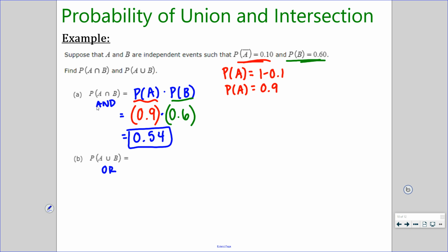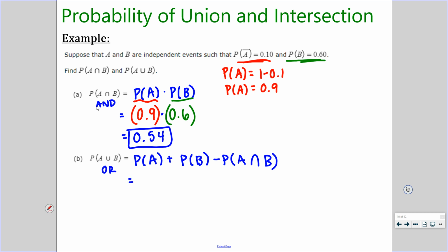Okay, one or the other. Now we use our addition rule. We're going to take the probability of A plus the probability of B minus the overlap, which we just calculated. There is an overlap here. 0.54 is the probability that A and B is happening.